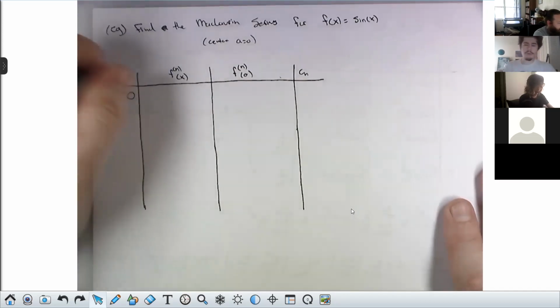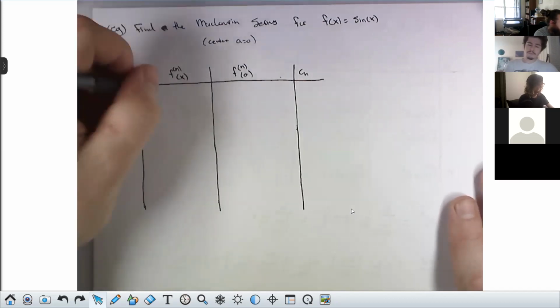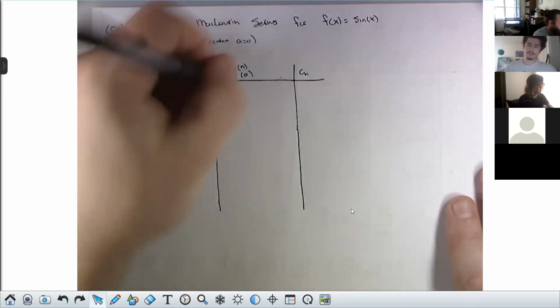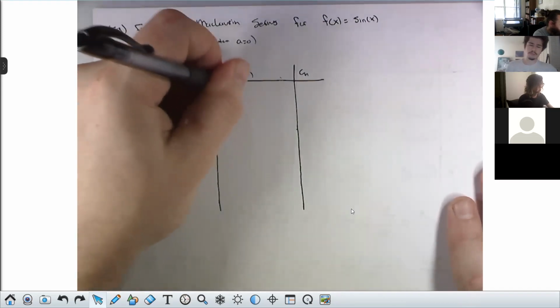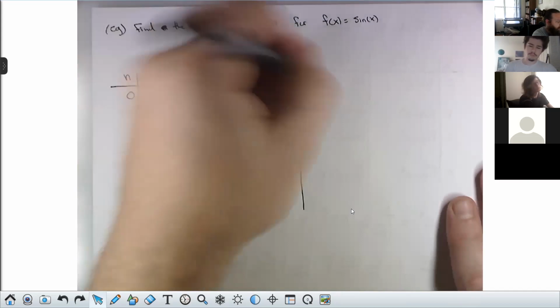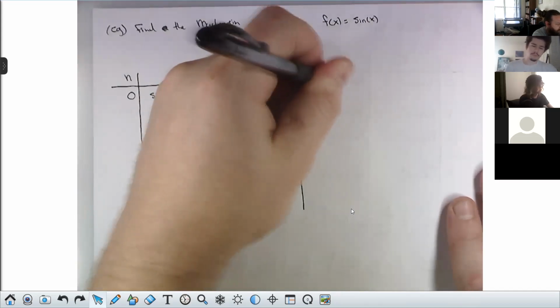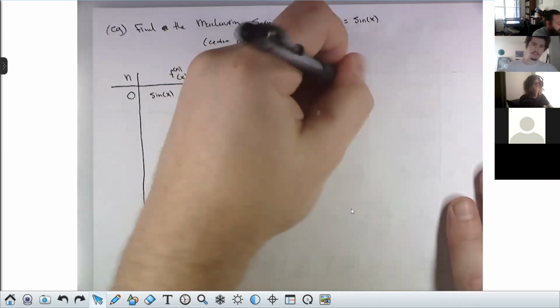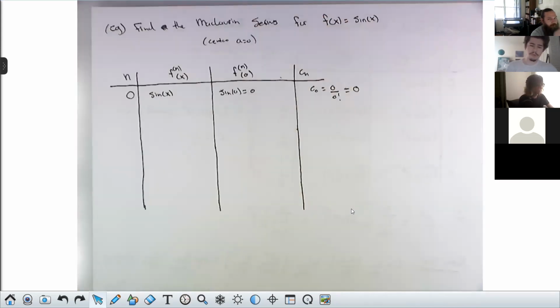You always start with n equals 0. If I differentiate sine x 0 times, it stays sine x. If you plug 0 into that, you get the sine of 0, which is 0. So C0 is 0 over 0 factorial, which is 0.